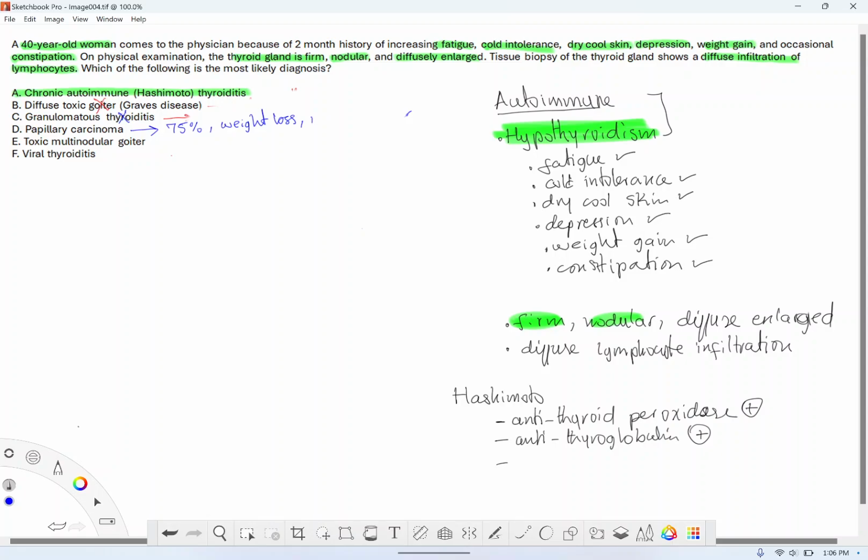It'll be a neck mass, mobile with swallowing. It's firm, non-tender, painless, and it moves with swallowing, which I don't have in this question. In addition, on biopsy I'll be looking for orphan Annie nuclei and psammoma bodies.